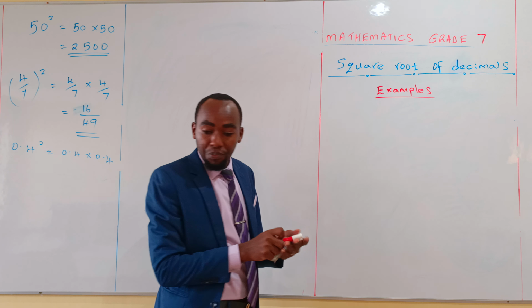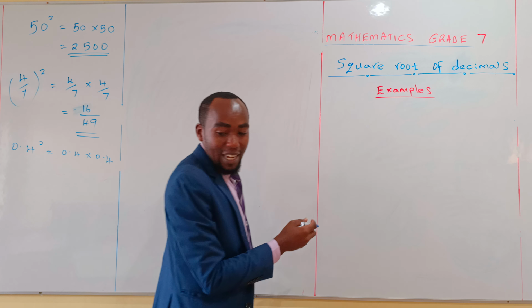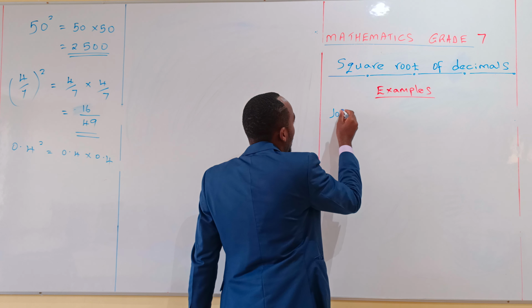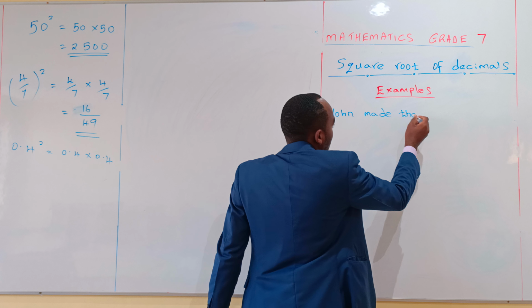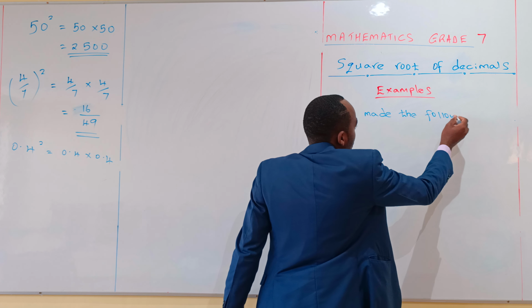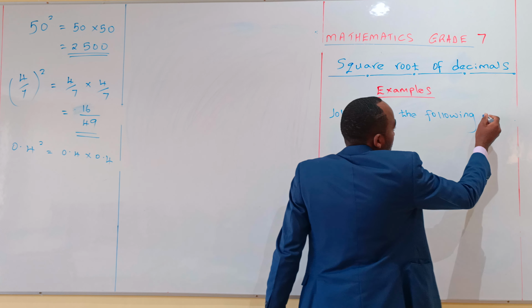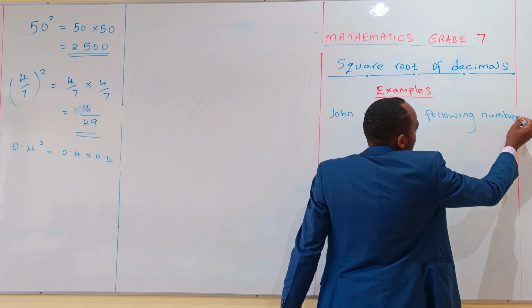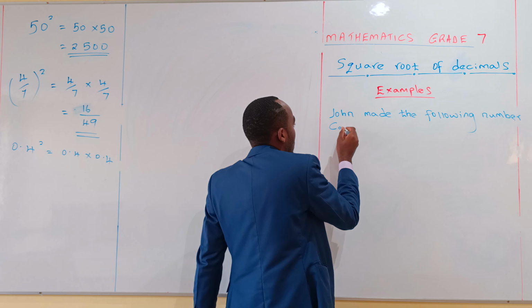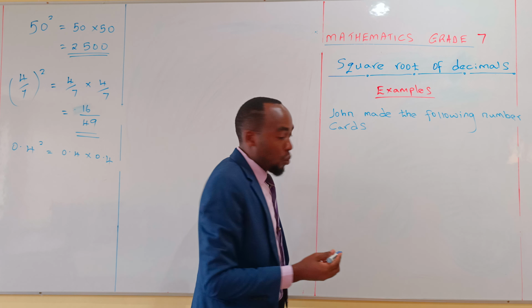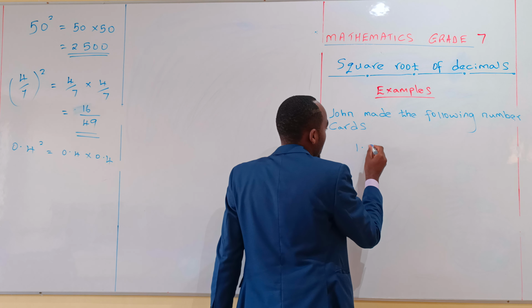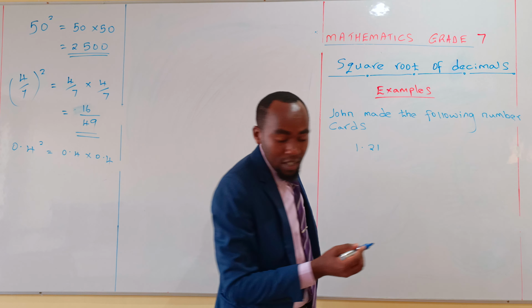We are told John made the following number cards. These are the numbers that were on the number cards.